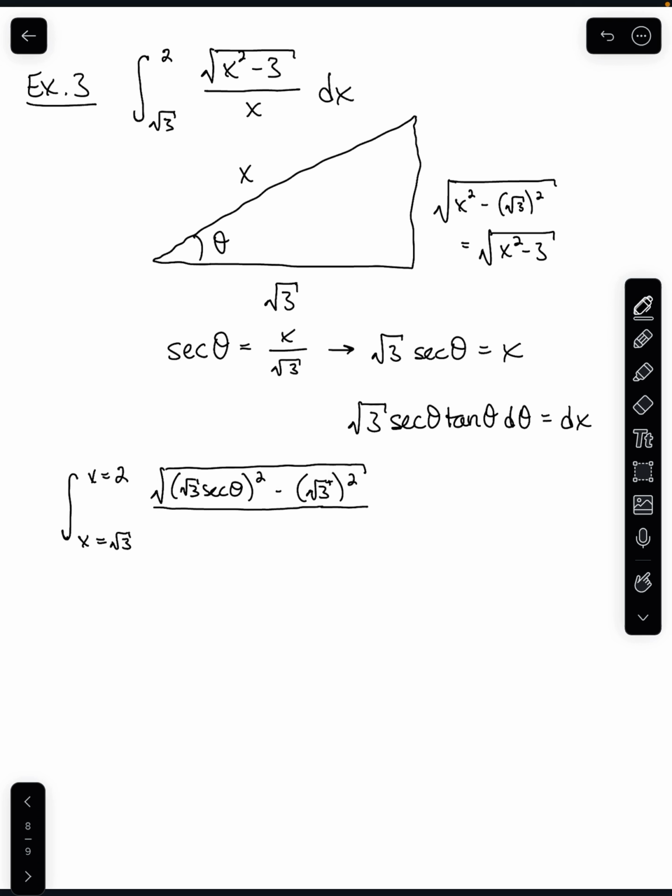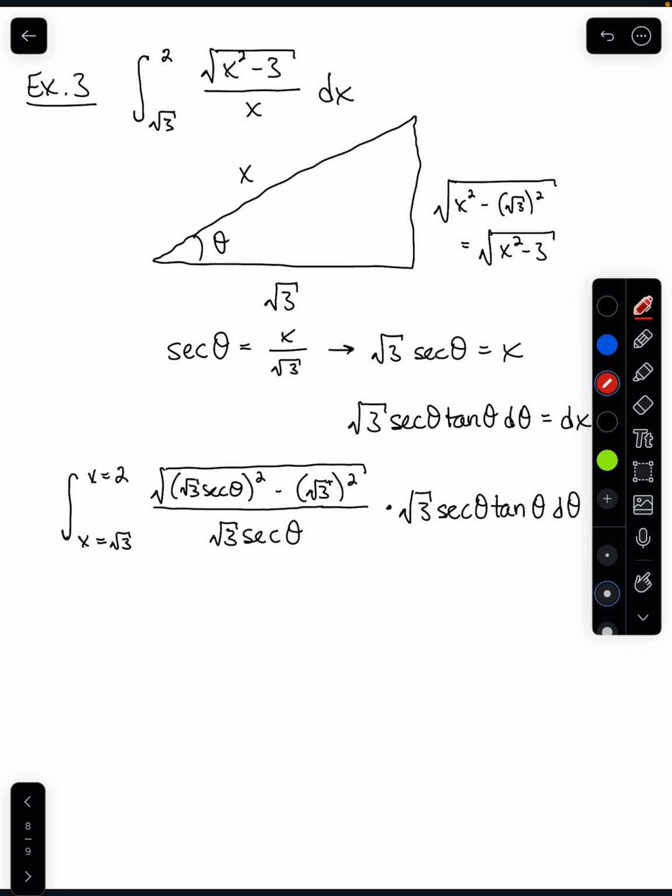We also have an x in the denominator, where we can, again, write the square root of 3 times secant theta in its place. Lastly, our dx swaps out cleanly for the square root of 3 times secant theta times tangent theta d theta. And we immediately get some simplification here.